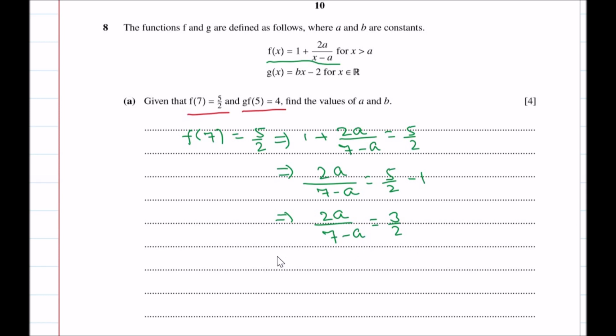Now let us cross multiply. So we get 4a is equal to 3 into 7, 21 minus 3a. Shifting the 3a to the left, 4a plus 3a becomes 7a equal to 21.